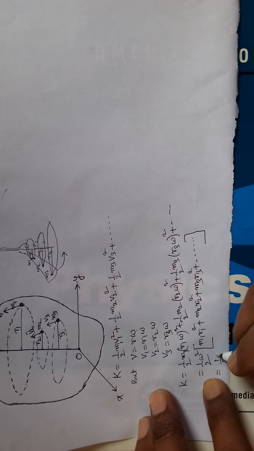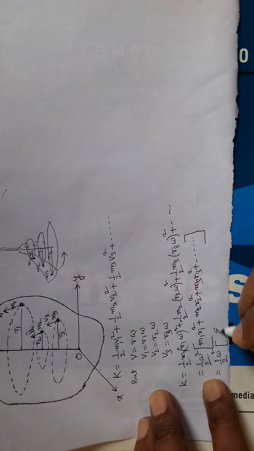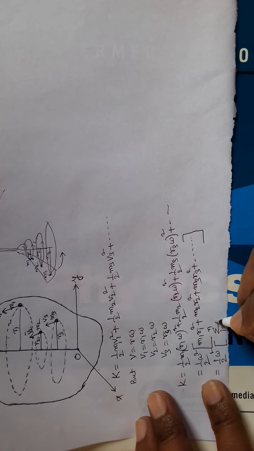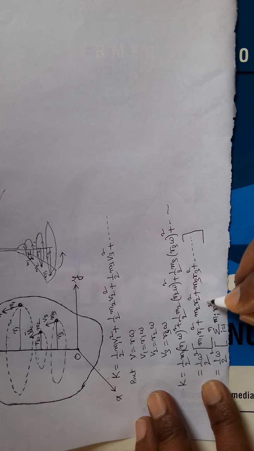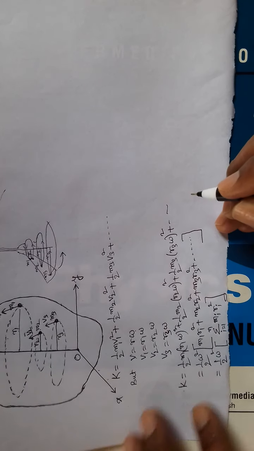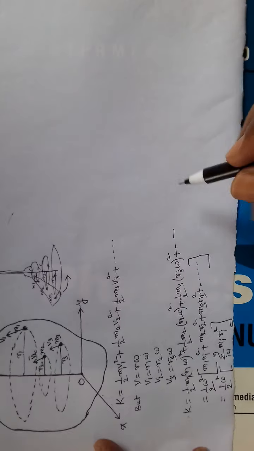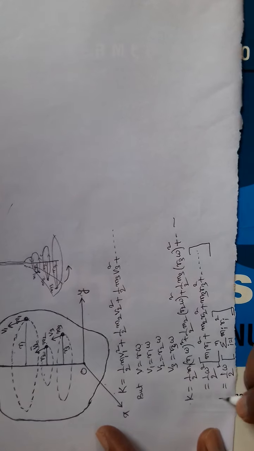One by two omega squared. This can be written as summation from i equals 1 to n, suppose there are n particles, m i r i squared. Now, let me write the equation here again.